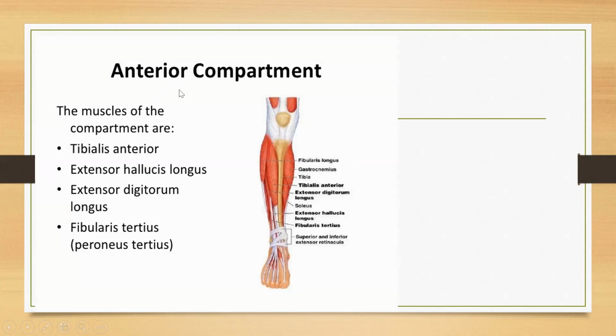This picture shows us the anterior compartment muscle group, which includes the tibialis anterior, extensor hallucis longus, extensor digitorum longus, and the fibularis tertius, or peroneus tertius. This is the fibularis longus, and this is the tibia, the tibialis anterior, the extensor digitorum, the extensor hallucis longus, and the peroneus tertius.